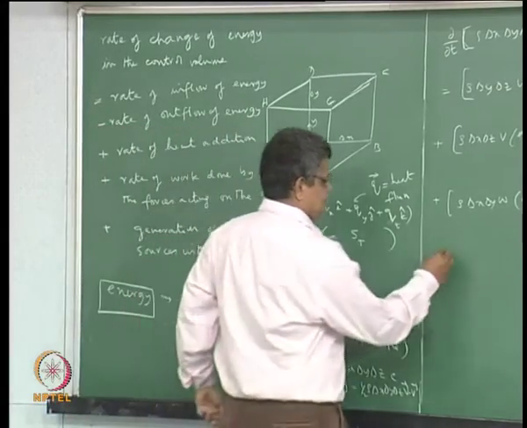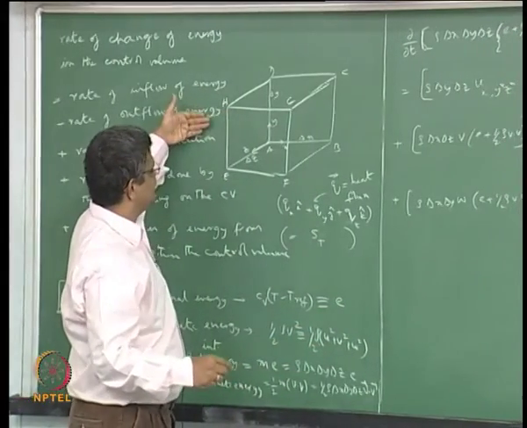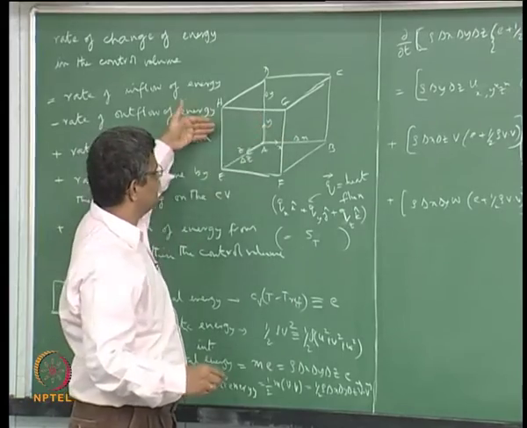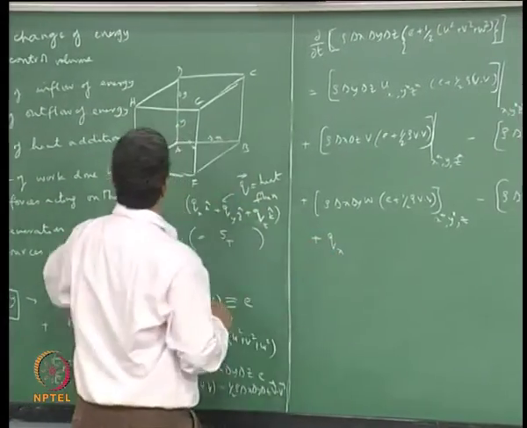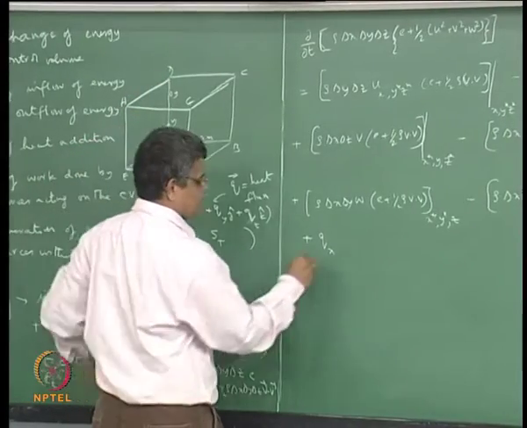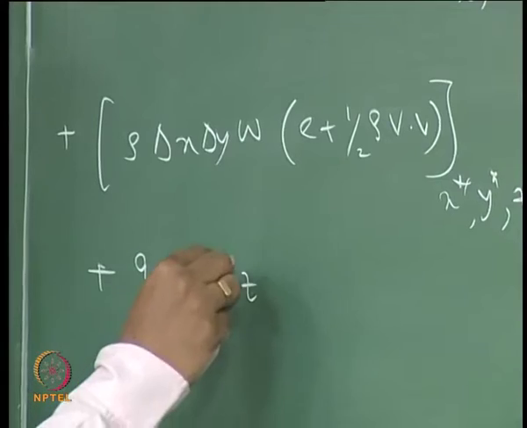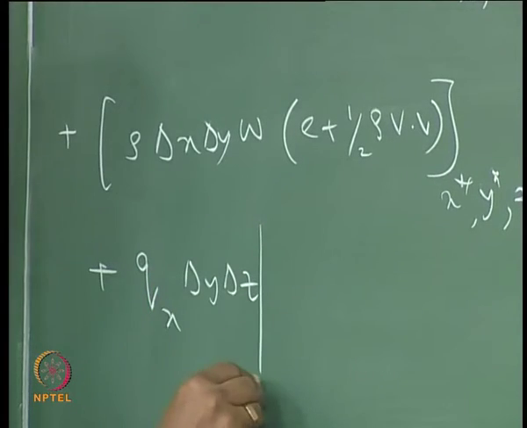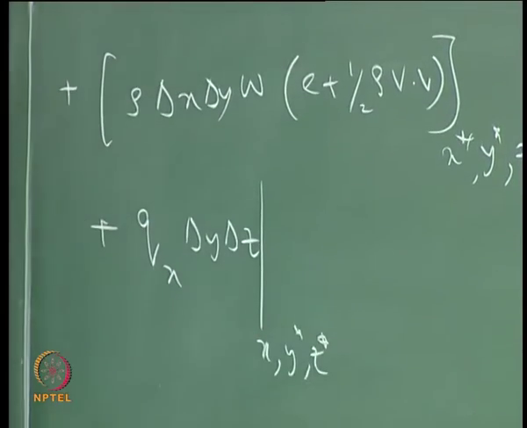Okay, so we can write at the left face, Qx is in the positive x direction, so it is coming in. So Qx times the cross sectional area of this particular face, which is delta y delta z, evaluated at x, y star, z star.